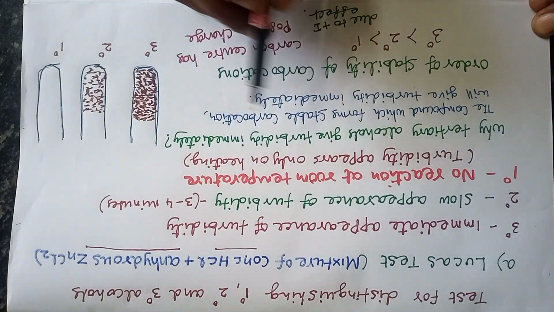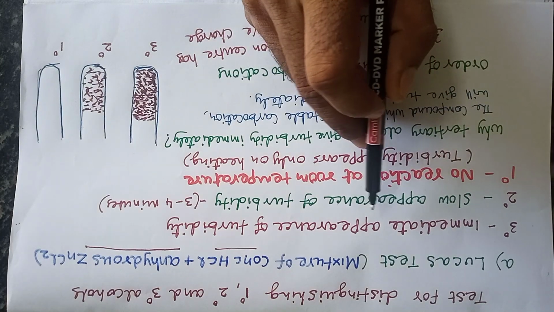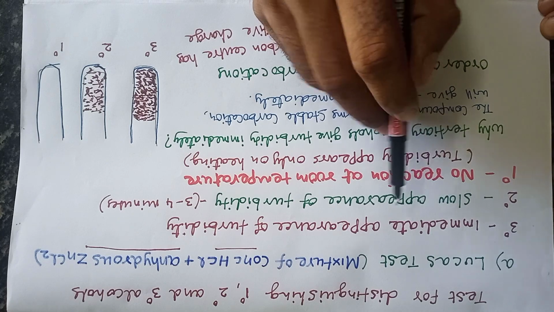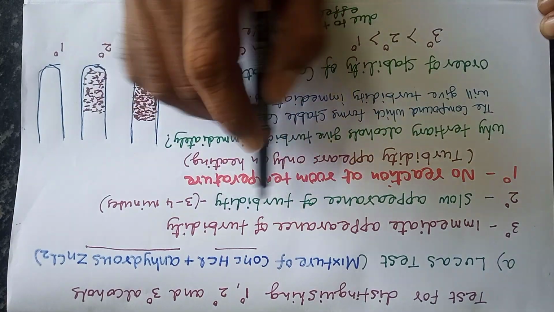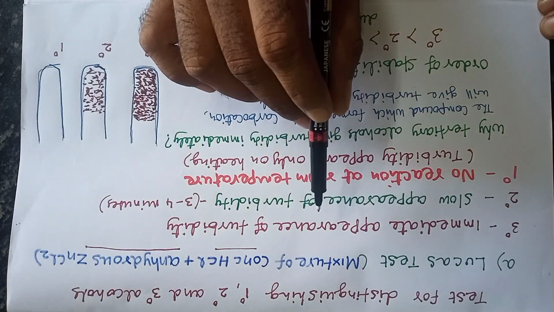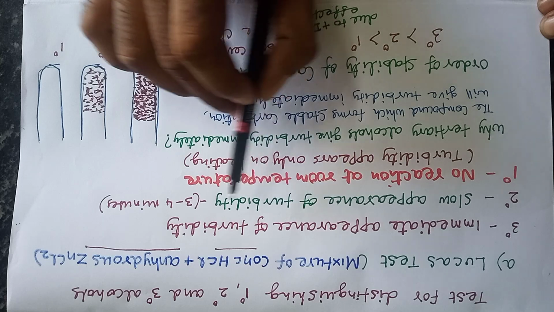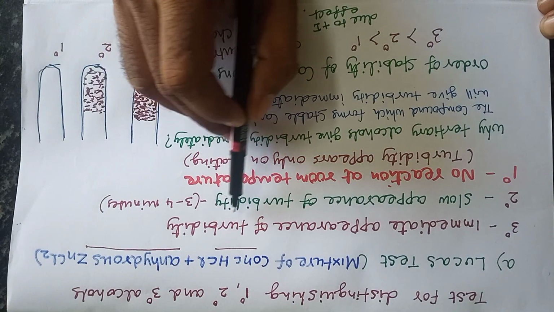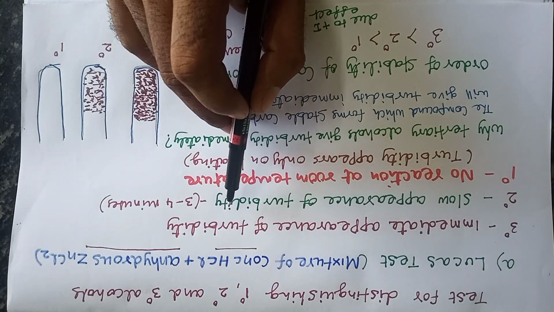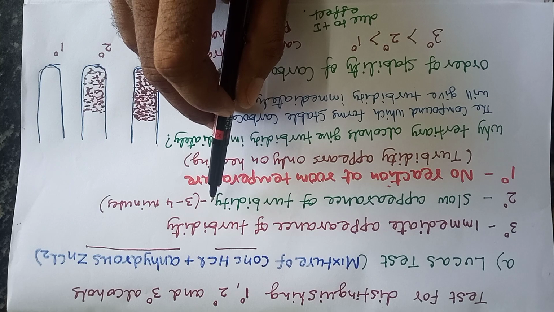If the given alcohol is tertiary, when we mix the Lucas reagent, the tertiary alcohol gives an immediate appearance of turbidity. Turbidity means a cloudy solution, thick with suspended matter.